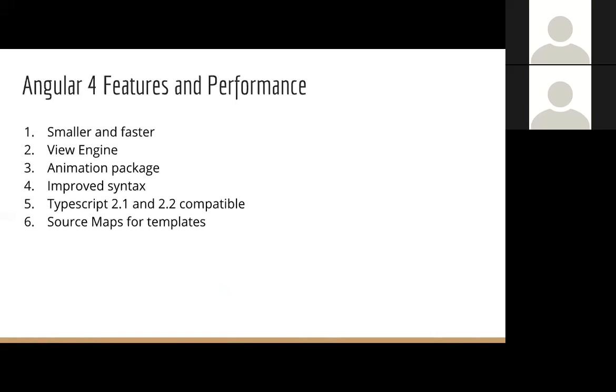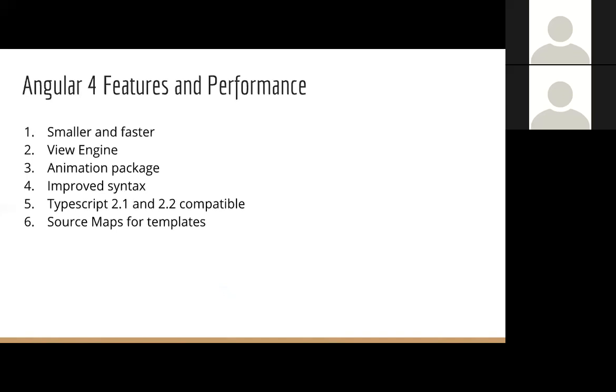Improved syntax. Angular 4 has some more things, like we have ngIf in the template. Now we also have else, which you can use. Things like that are there. Angular 4 also supports TypeScript. I think Angular 2 was supporting TypeScript 2, but Angular 4 is supporting 2.1 and 2.2 also.